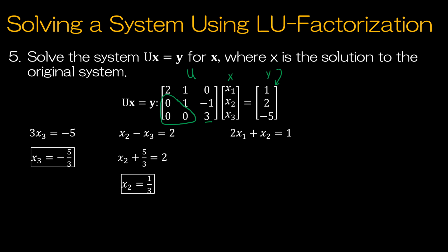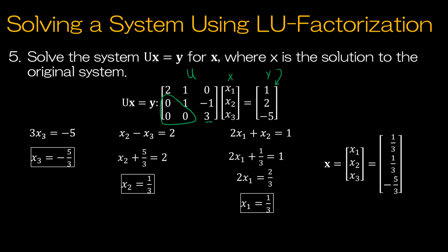And then again, 2x1 plus x2 plus 0x3 is equal to 1. Replace x2 with 1/3. Subtract 1/3 from each side, divide by 2, and I get x1 is equal to 1/3. So my solution to the original system is 1/3, 1/3, negative 5/3.